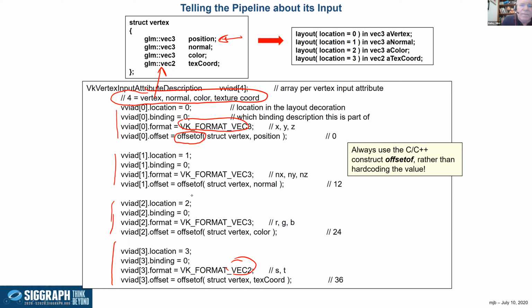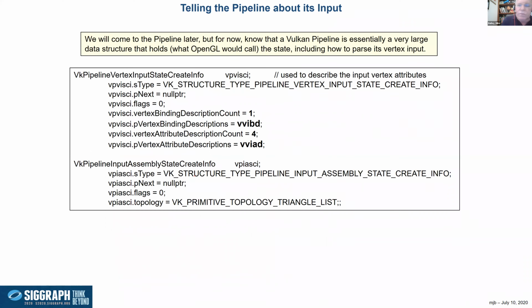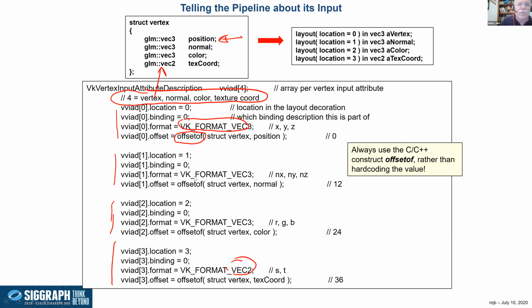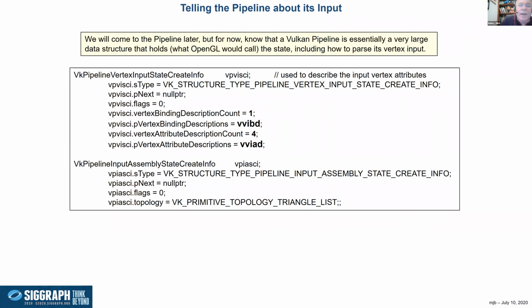And then offsetof the normal would come back as 12, because the position occupies 12 bytes, 3 times 4. And so on. You should always use offsetof. Do not hard code these offsets, okay? Because if you change the struct, then offsetof will continue to work correctly. And these are other things that we're going to talk about when we get to the pipeline.